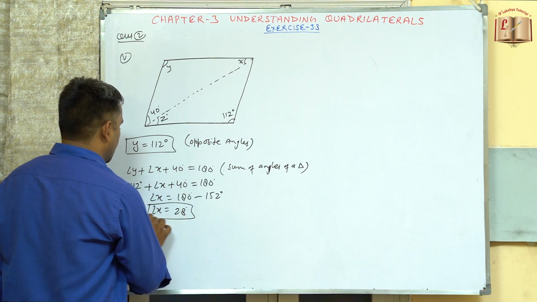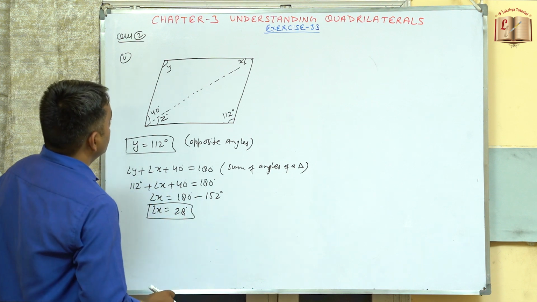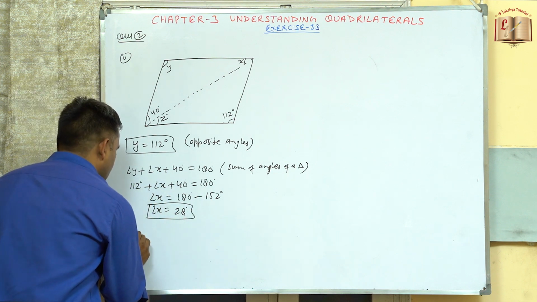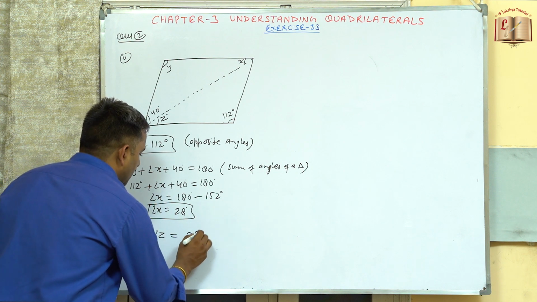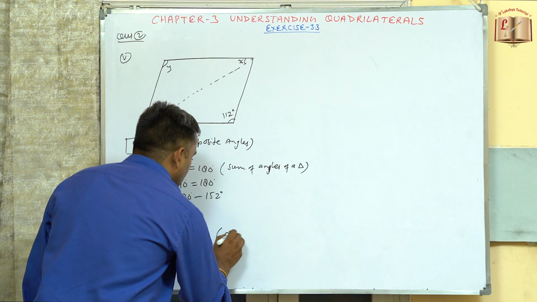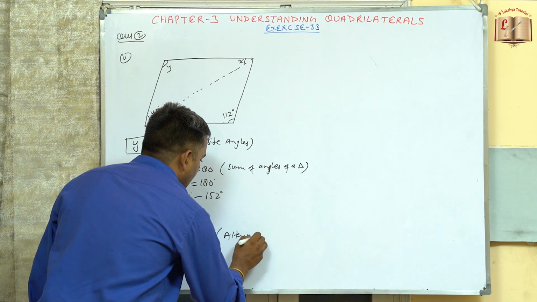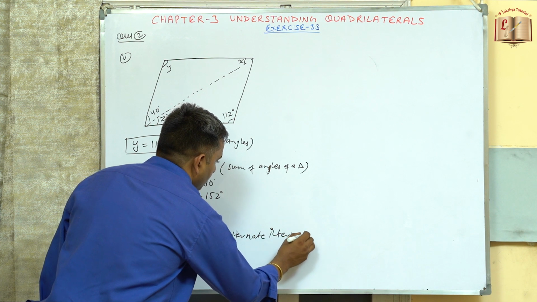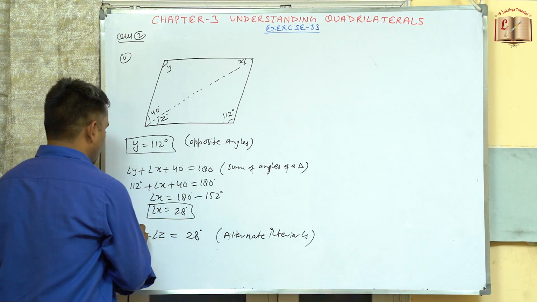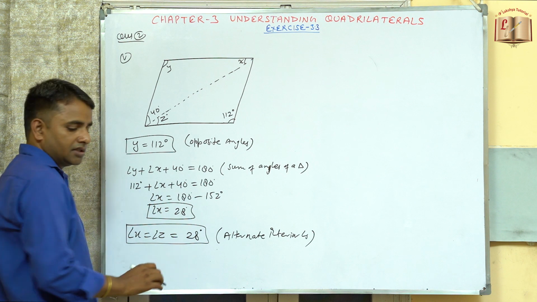So we got angle x as 28 degree. So angle x is equal to angle z equals 28 degree because they are alternate interior angles. So we got angle x, y and z.